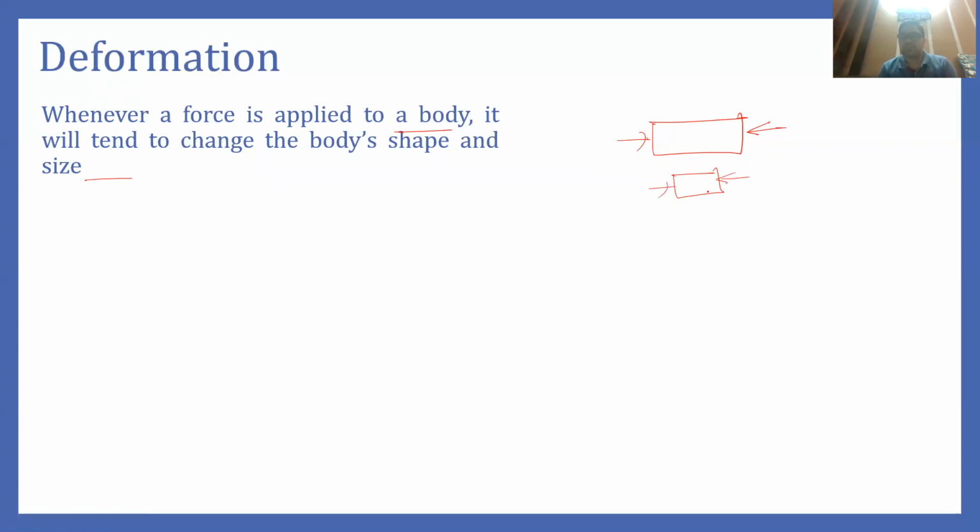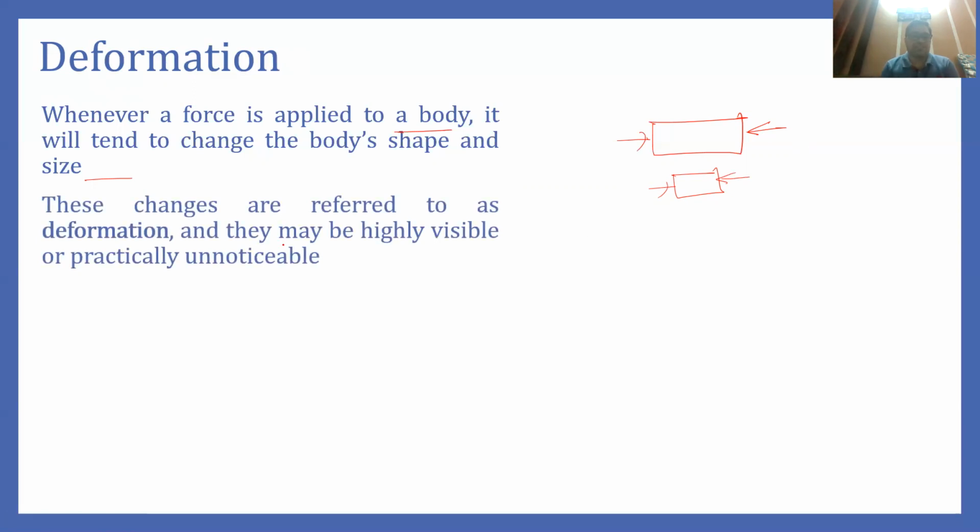So in this compression, the size will change, and the shape can change. These changes which occur because of the application of the force are known as deformation. And they may be highly visible or practically unnoticeable depending on the material of the body.